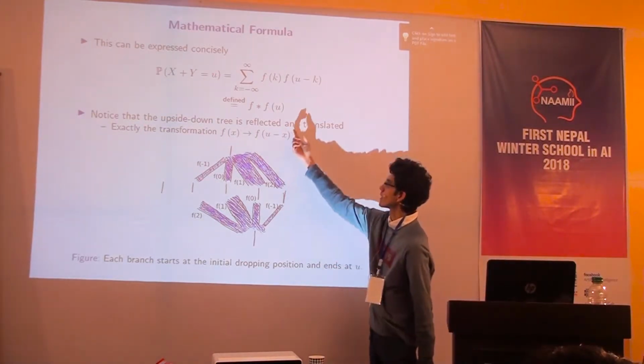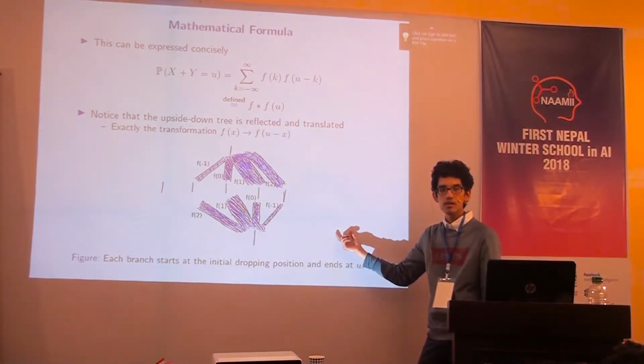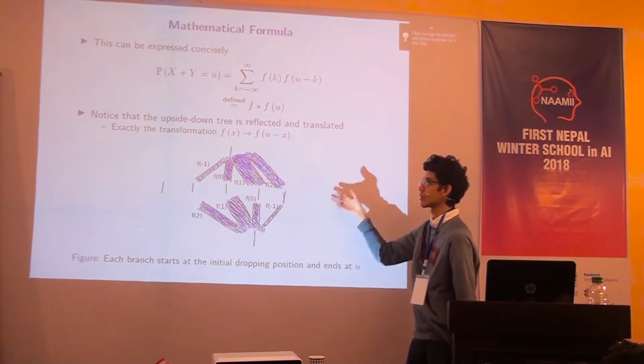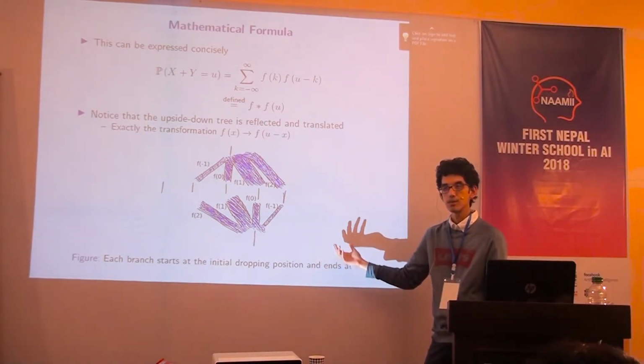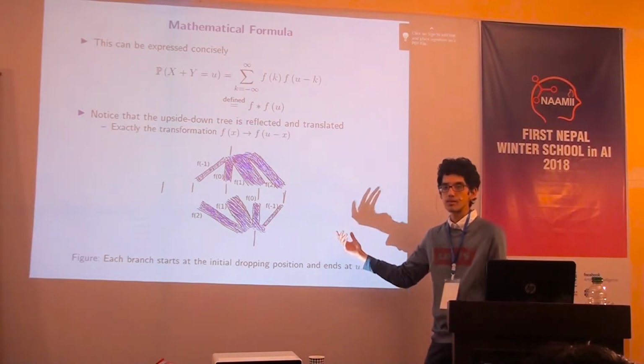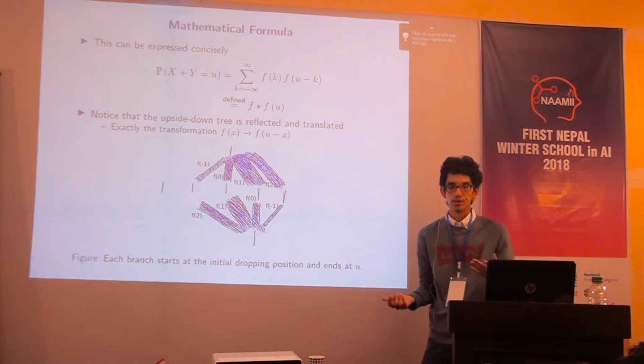If I had translated u by a lot, there would be no branches that match, in which case my convolution is going to be 0, because of the product of all these probabilities, there's no way to get there. So my convolution is 0.